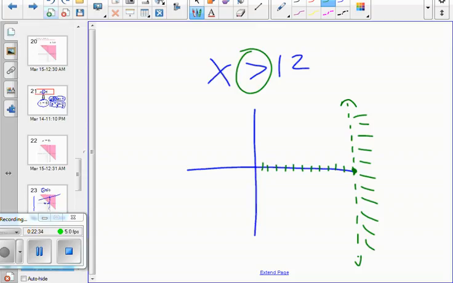Bigger than normally means above, but things that are bigger than 12 are to the right of it. Yes, if it has an or equal to, we would have used a solid line. So if I just make that change, then I got to make this a solid line, and I'm good.